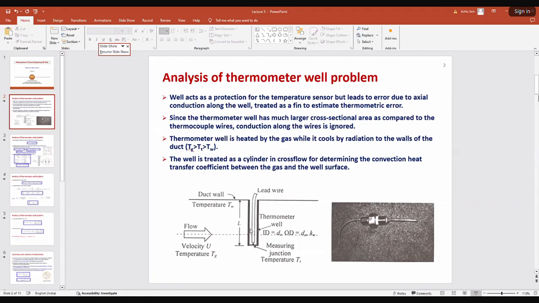That is the reason why we want to create a well and not just mount it on the surface of the tube, basically to enhance the sensitivity of your measurement. If there is a small change in the fluid temperature, you should be able to quickly detect it.